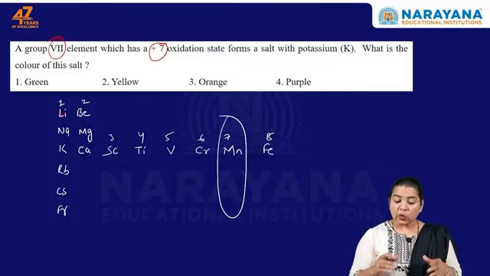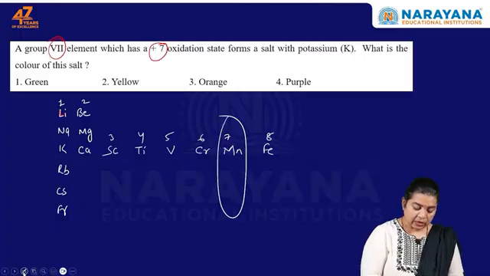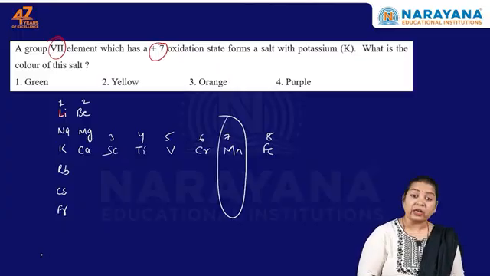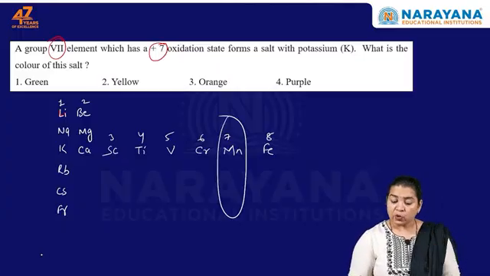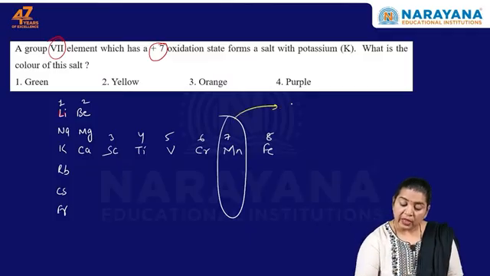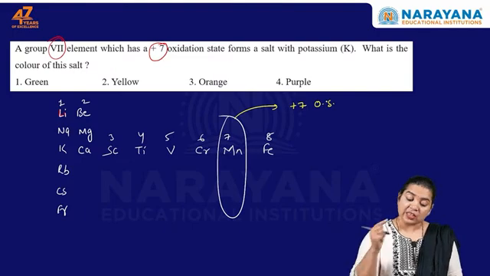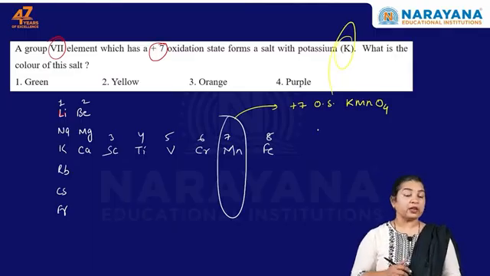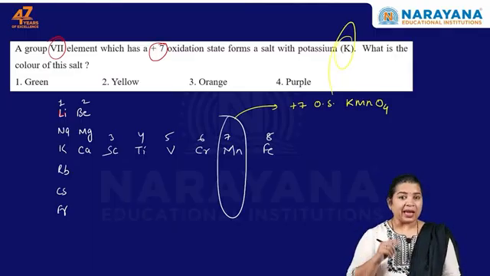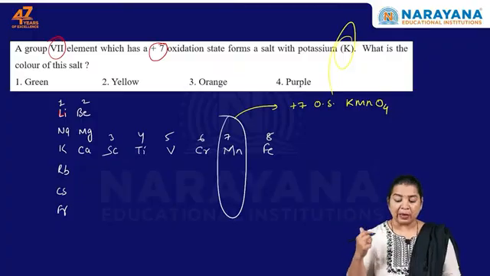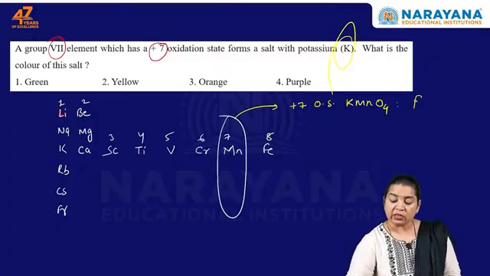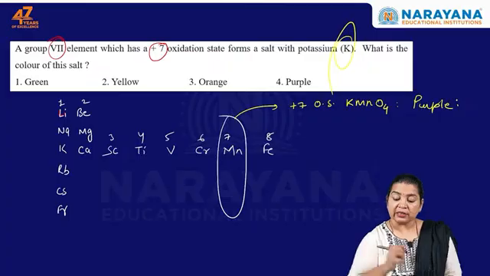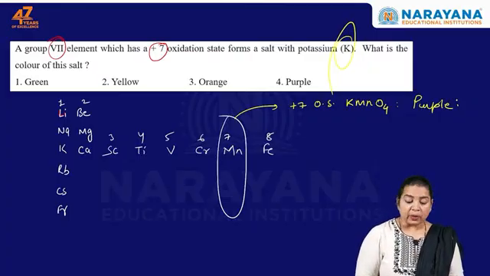I will tell you the answer for both, so whatever appeared in your paper, you can use. If they are asking +7 oxidation state, then they are targeting KMnO4, because we have to identify the compound as a potassium compound. So, if it is KMnO4, then we will take the answer 4, which is purple.